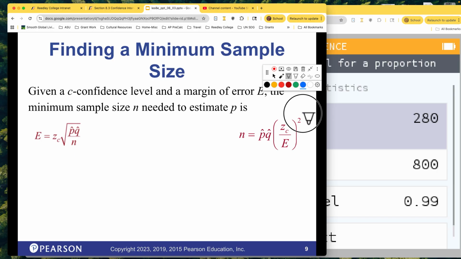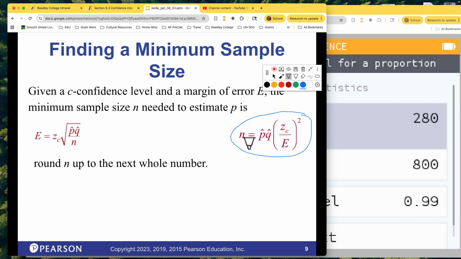So this is the formula you're going to need when you do those problems. Okay. So you'll need your p hat, your q hat is 1 minus p hat. You'll have to find your z critical value. And the margin of error usually is given. They'll say plus or minus 3% or plus or minus 5%. And then that tells you what sample size you need. Okay.